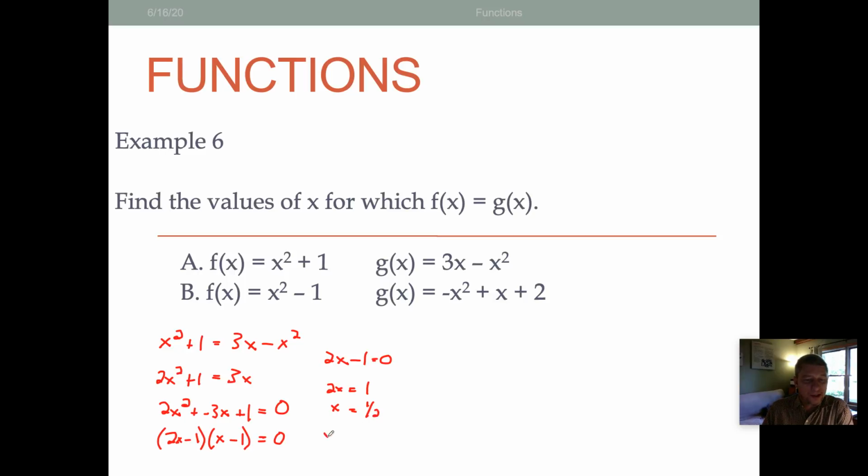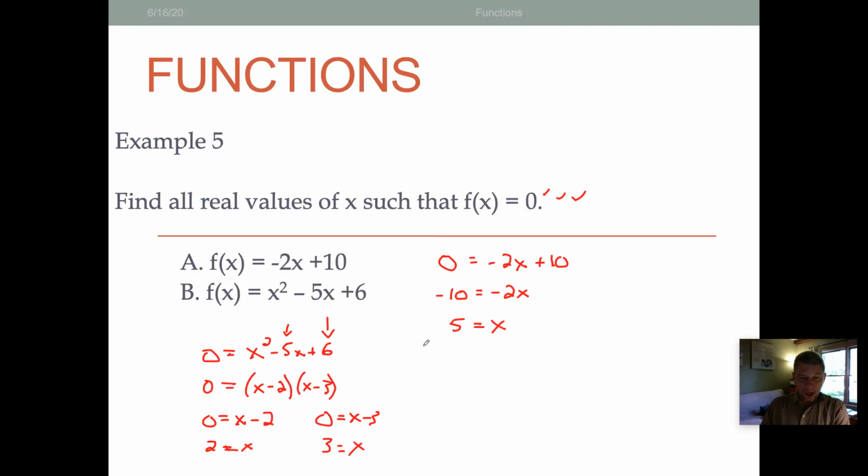Or I can say x minus 1 equals 0, or x equals 1. So for part A, x could either be equal to 1/2 or 1. And if you go back to the original equation and plug these numbers in, you will find that indeed this is true.